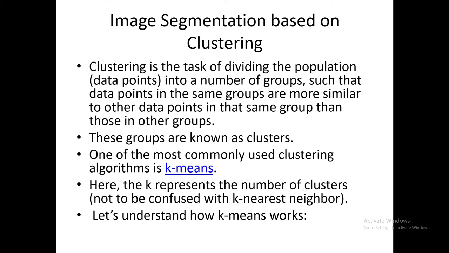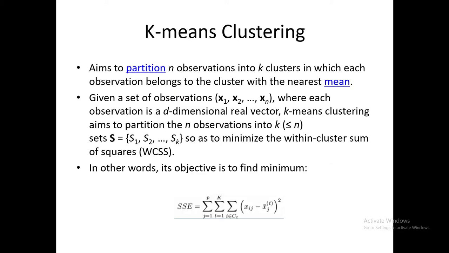Let's see how k-means works. K-means clustering aims to partition observations into k clusters in which each observation belongs to the cluster with the nearest mean.